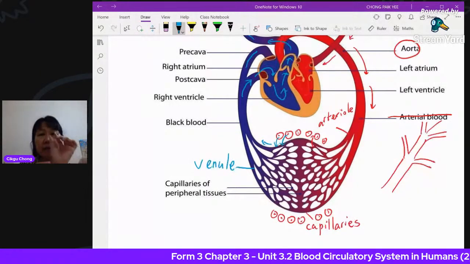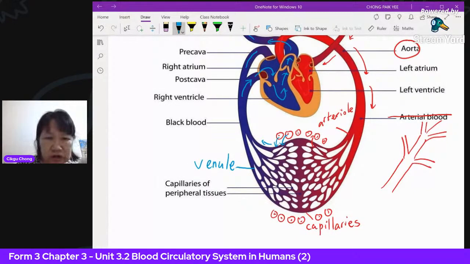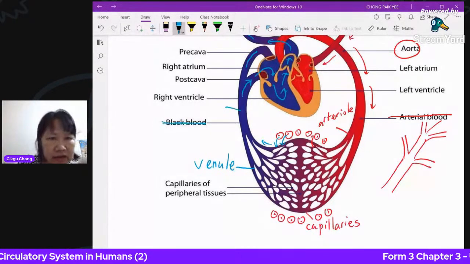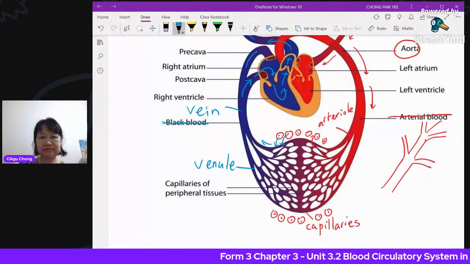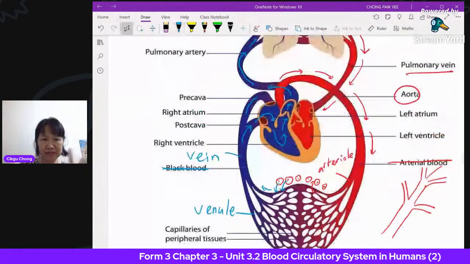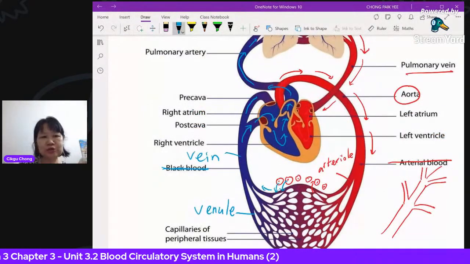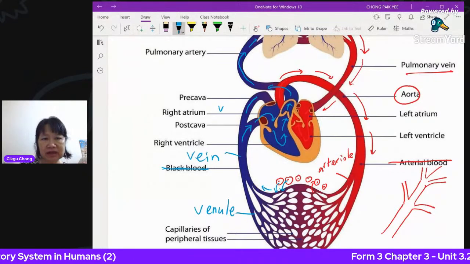Then after that, many venules join together, and you are going to get a vein. Then this vein will carry this blood back to the heart through the vena cava. This is the vena cava.